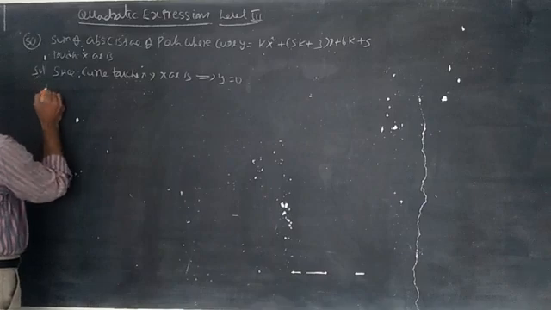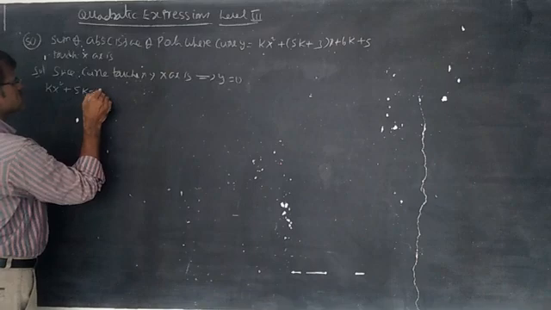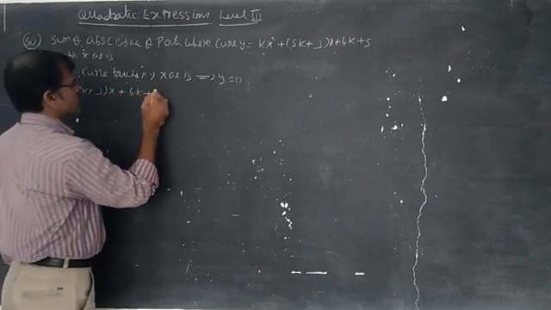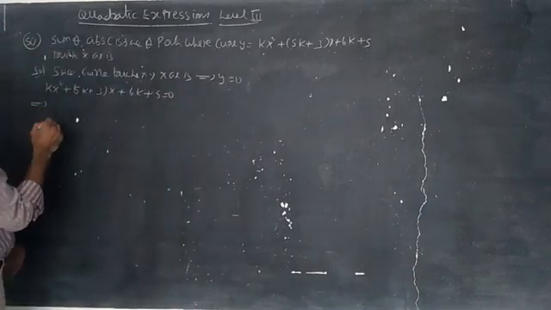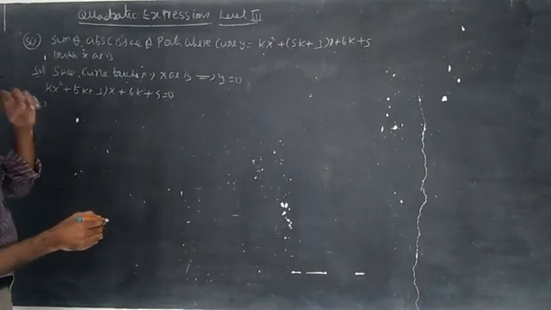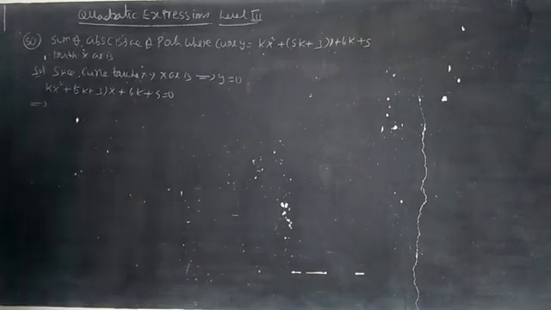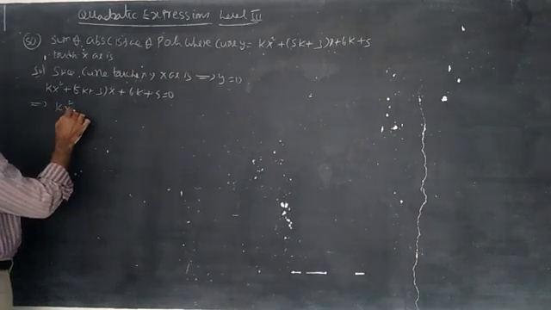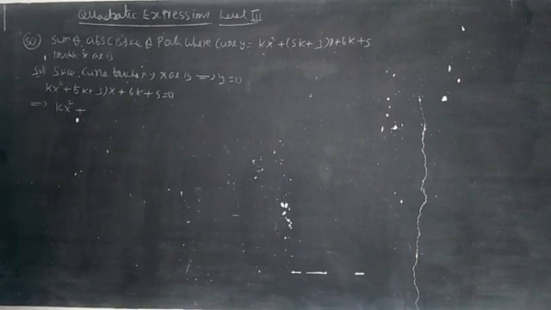So kx square plus 5k plus 3 into x plus 6k plus 5 is equal to 0. Now we should calculate the roots. You can verify, kx square plus 5k plus 3 x is in the quadratic equation form only.